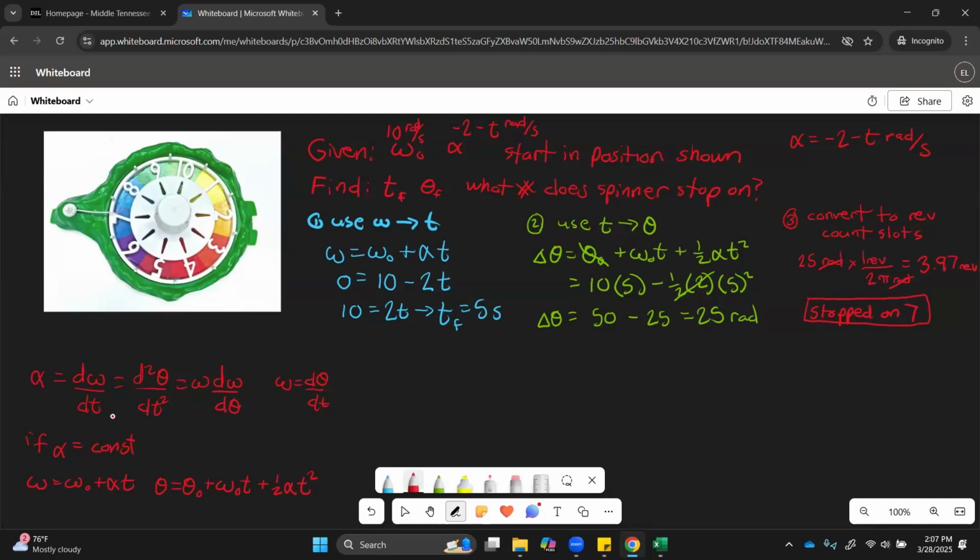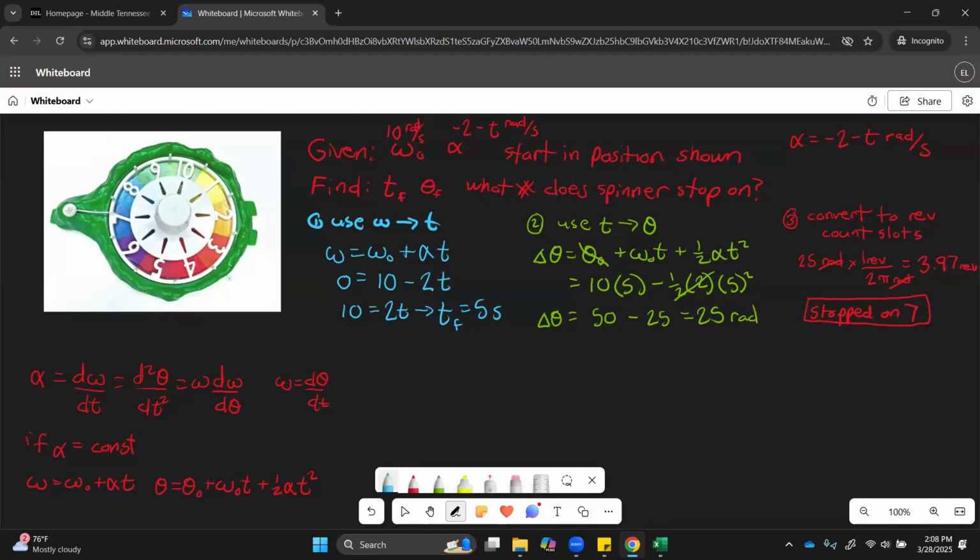Okay, so for step 1, we need to find angular velocity. We can follow kind of the same steps as before: find where omega equals 0, solve for t, use t to find theta, but the equations will just be different.